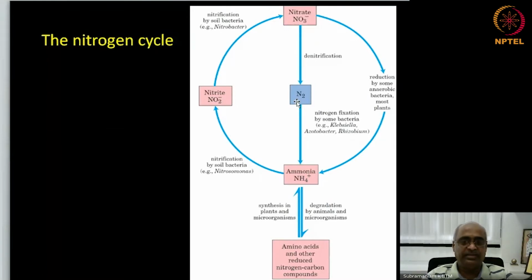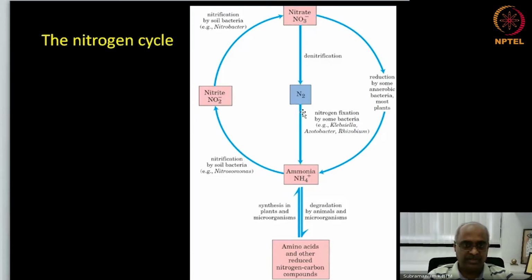For that, the nitrogen needs to be reduced, and that is done by nitrogen fixing bacteria, like Klebsiella, Azotobacter, Rhizobium. These live in the nodule-like structures in the roots of the legume plants, and some of them are free soil bacteria as well.